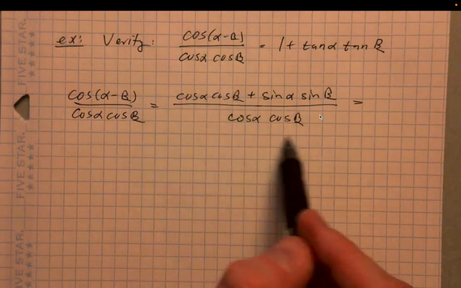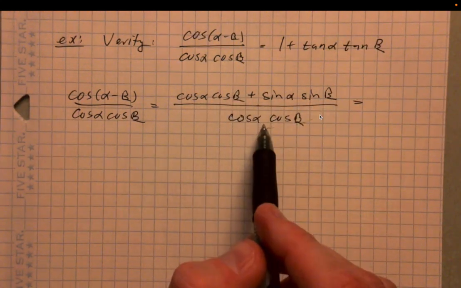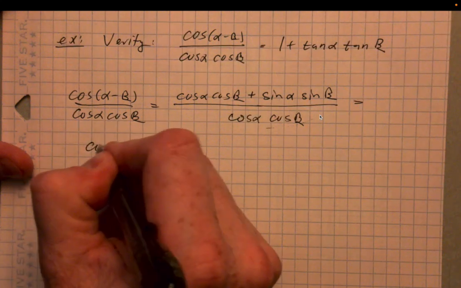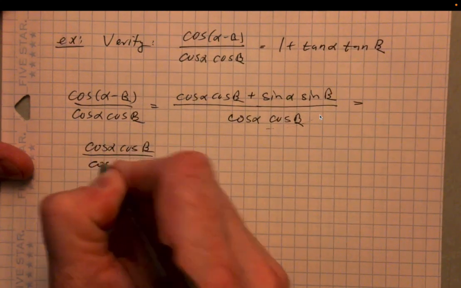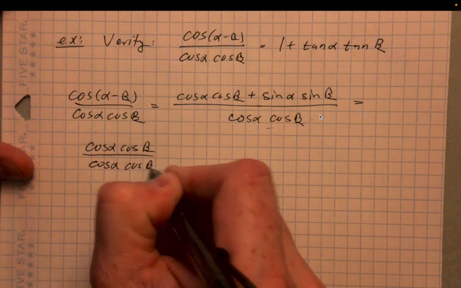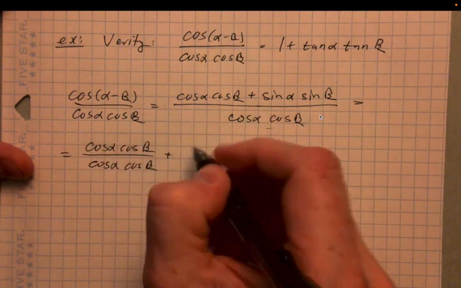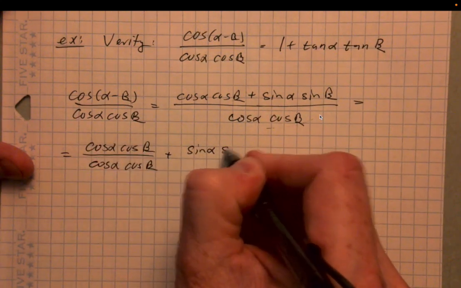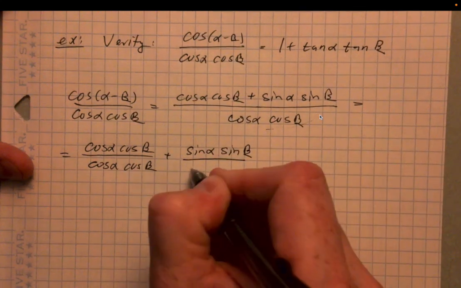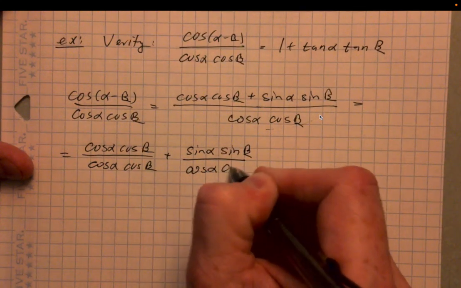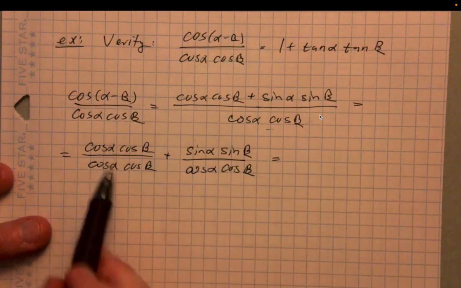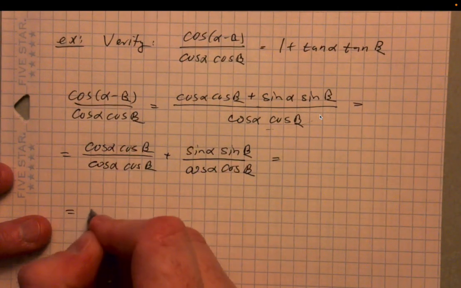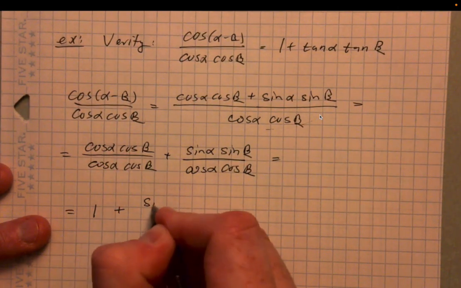You've got this side of it, and then you've got this side of it. So we could write this as cos alpha cos beta over cos alpha cos beta plus sine alpha sine beta over cos alpha cos beta. And the nice thing about that is that this is just 1. So this is 1 plus this.